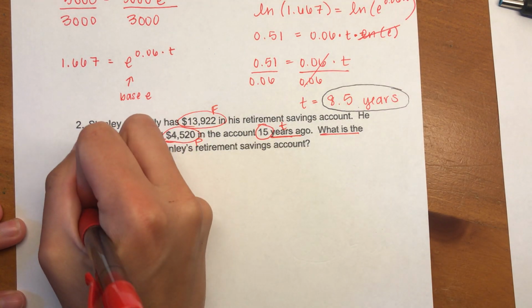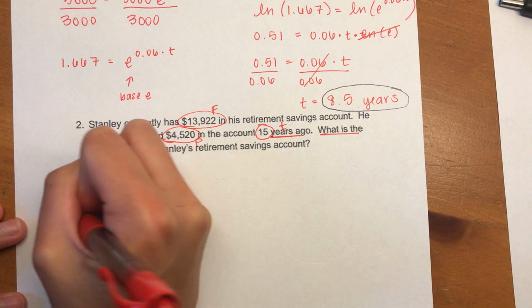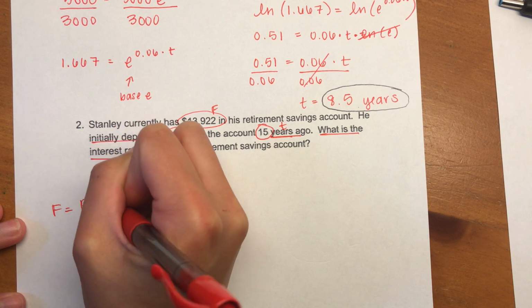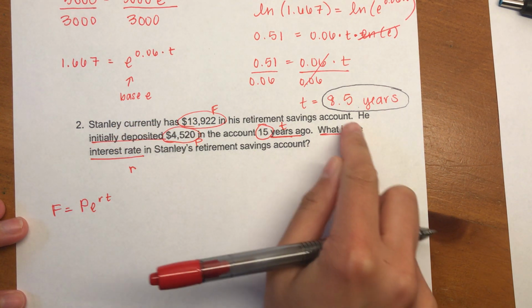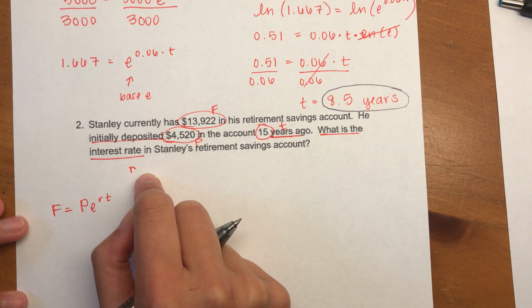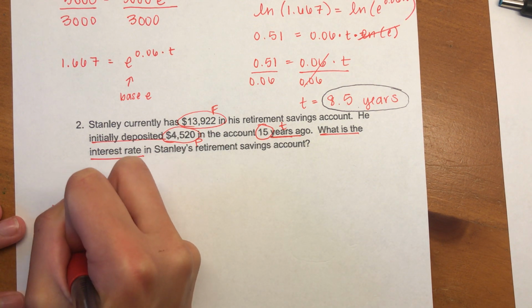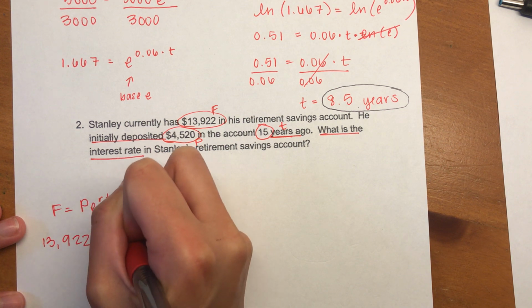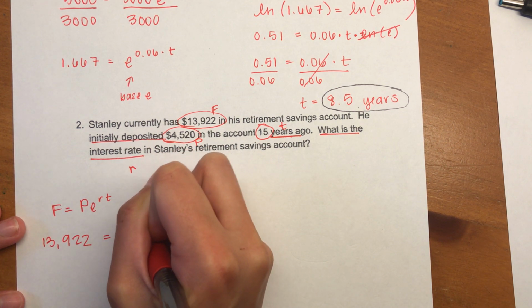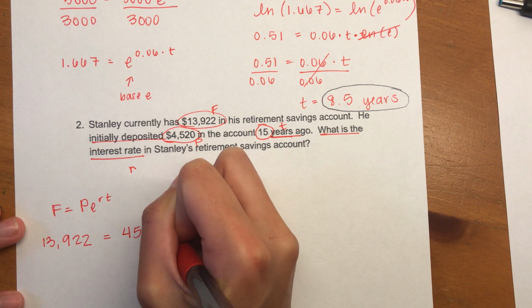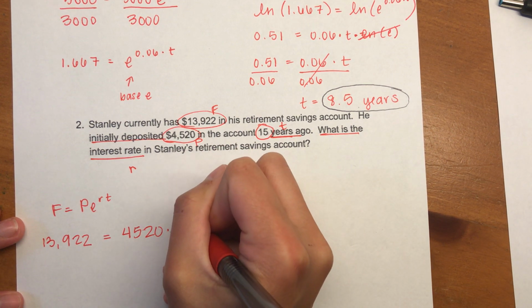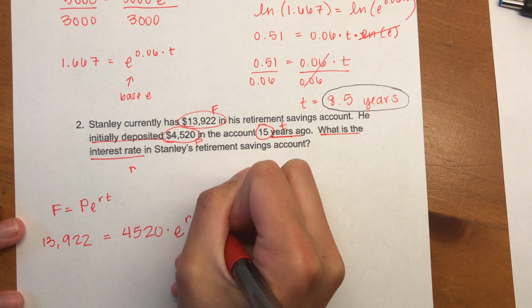Okay, so if my formula is F equals Pe to the RT, I'm now going to substitute in my values from the equation. So my final value is 13,922 equals my initial value of 4,520 times e to the RT.